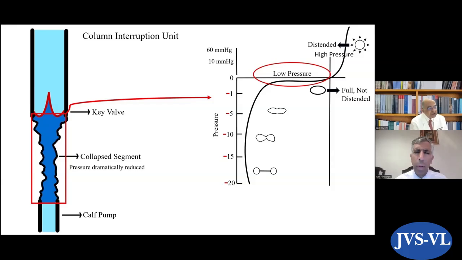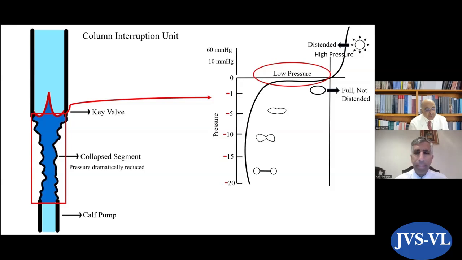Now, most veins in the body live around zero to a few millimeters local pressure. A high distension like that shown on the right side happens only when you add a hydrostatic gravity component to the local pressure. For example, in the calf, when you measure the pressure in the dorsal vein, it is close to 80 or 90 millimeters of mercury.